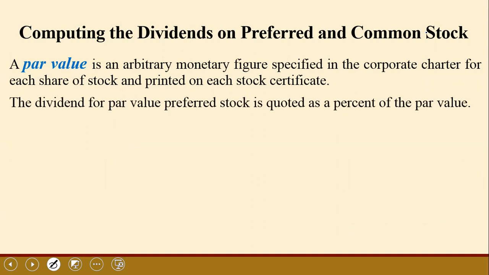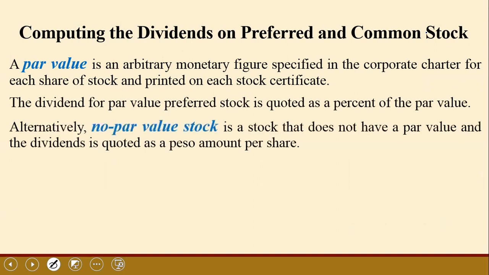And alternatively, no par value stock is a stock that does not have a par value and the dividend is quoted as peso amount per share. So, peso amount per share. Yung preferred stock kanina, percent of the par value.